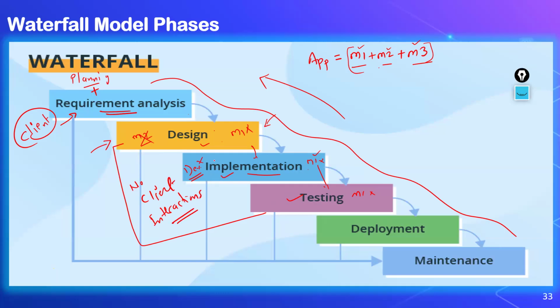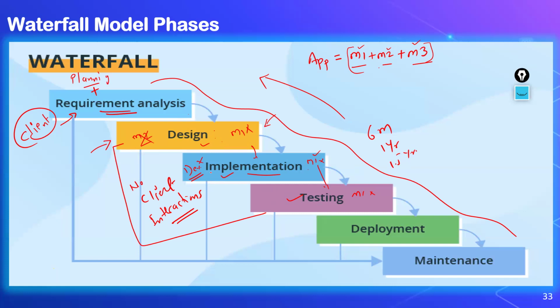That is the biggest problem with waterfall because you're not doing it partially, you're going with the full application design, development, and testing. This might take 6 months or 1 year or 1.5 years, whatever it is. And during that, there is no interaction with the client.